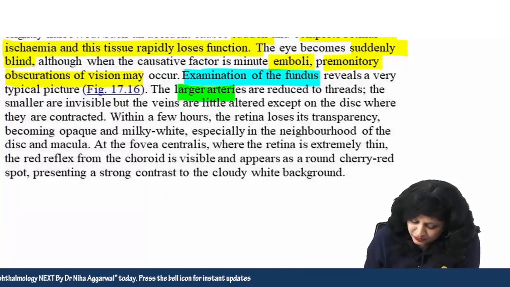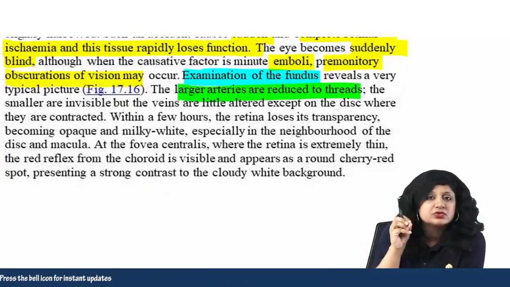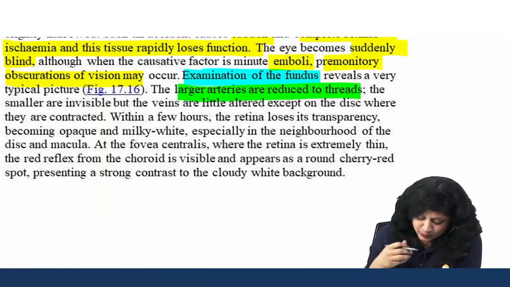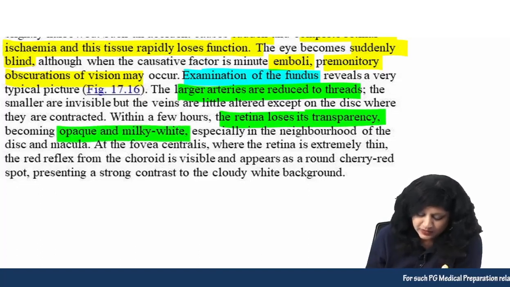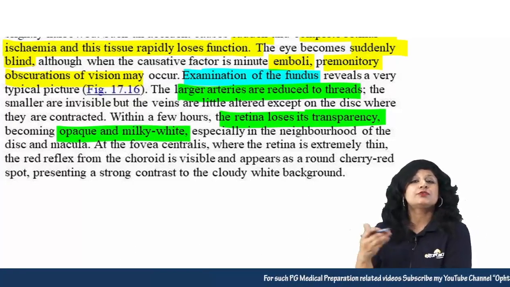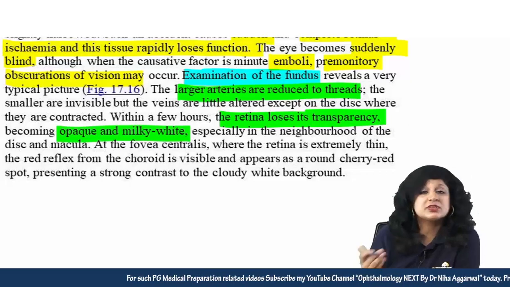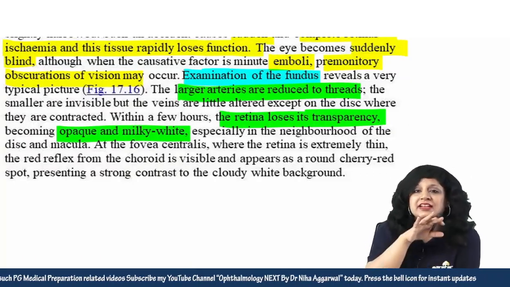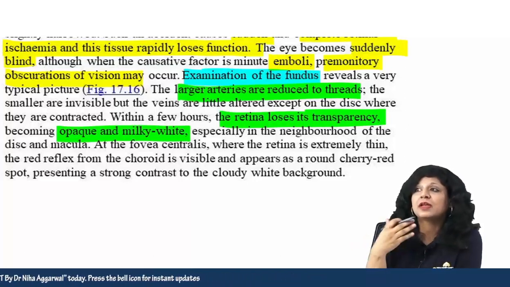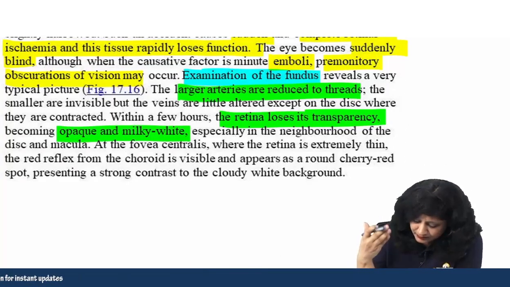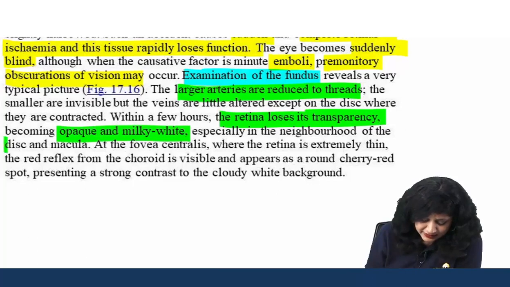The larger arteries are just reduced to threads, so there is narrowing, and the smaller ones become invisible. Within a few hours the retina loses its transparency, becoming opaque and milky white. Why? Because we have a lot of inflammation and collection of exudates, in the ganglionic cell layer. That is why the neurosensory retina that was transparent becomes opaque, milky white in color, especially near the disc and macula.